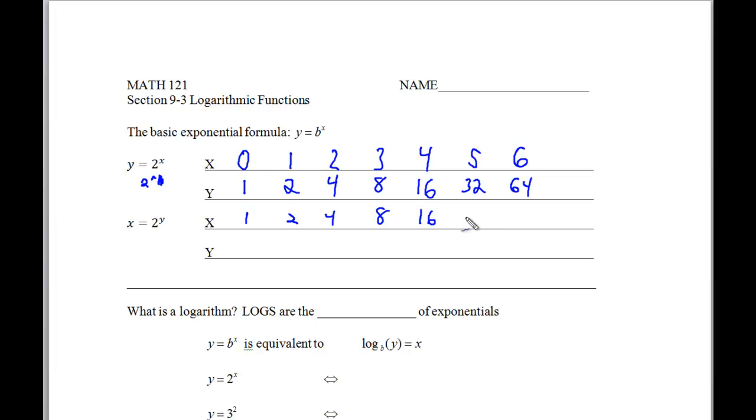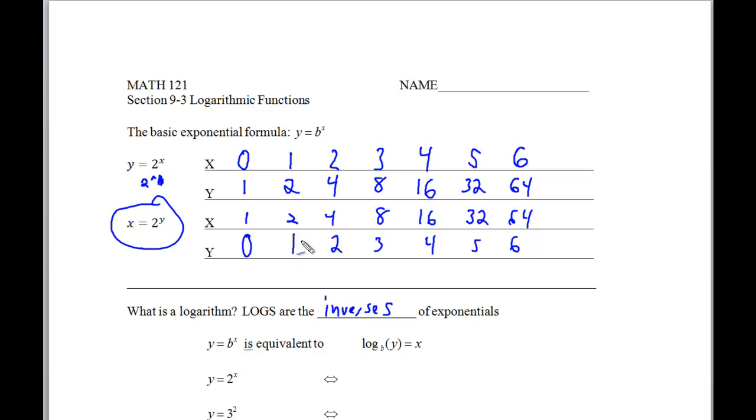Because our logarithm can't be typed into the calculator, there's no x equals button, this logarithm is going to be done by hand on the next page. But what this illustrates is that logs are the inverses of the exponential functions.